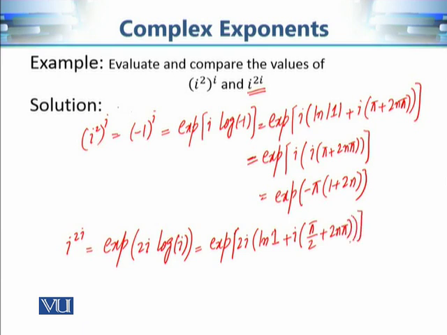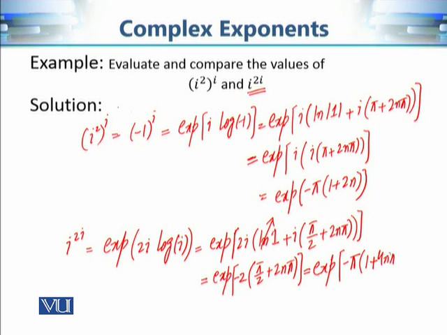So in this case we get the following expression: 2 and log of 1 is 0, and iota and iota become minus 1. So minus 2 into pi by 2 plus 2n pi. This is equal to exponent of minus, and we can take out this pi and multiply this 2, and what do we get? 1 plus 4n, times pi.